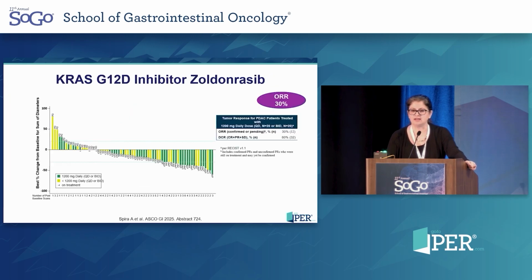There is a G12D allele-specific inhibitor from RevMed, zoldonrasib, also looking good with response rates of about 30%. And I didn't show here, but there are studies combining zoldonrasib with daraxonrasib to see whether response can be even better.